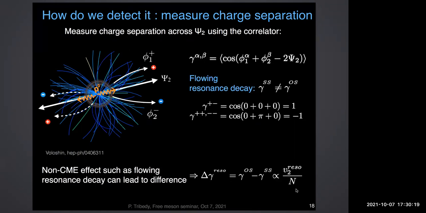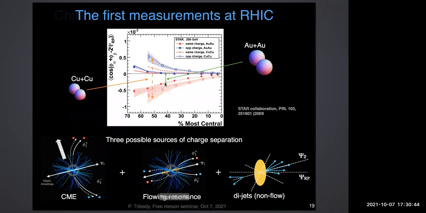This 1 over n is interesting because if there was no elliptic anisotropy, this process would have been just a random walk, suppressed by the number of particles. So 1 over n is obvious, because it's a random walk, and then this extra physics comes from flow. So it's an effect of flow and charge conservation. That is a background signal. I think I'm moving a little slow, so I'm going to have to speed up.